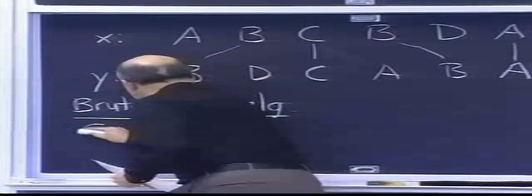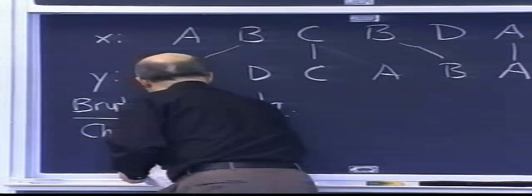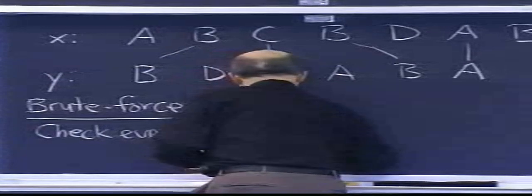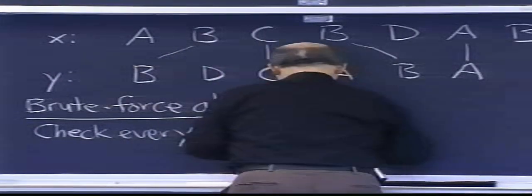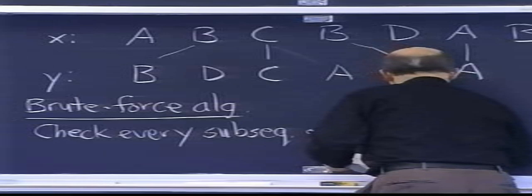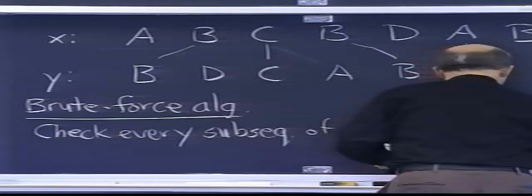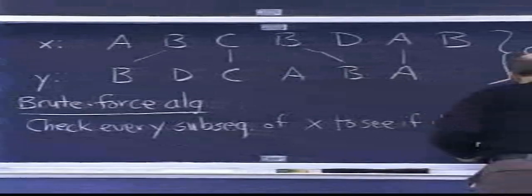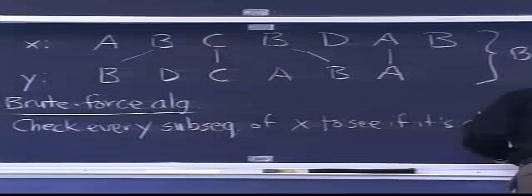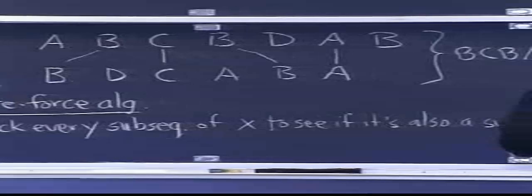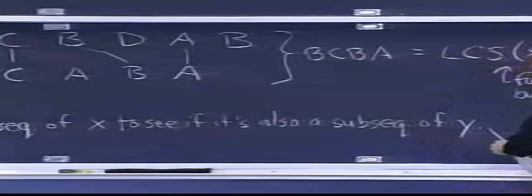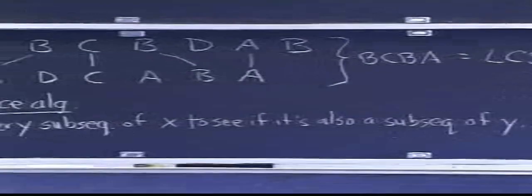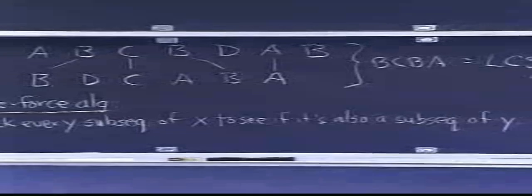We just check every subsequence of x to see if it's also a subsequence of y. Pretty straightforward. Let's go through all the subsequences of x. So we can analyze this.